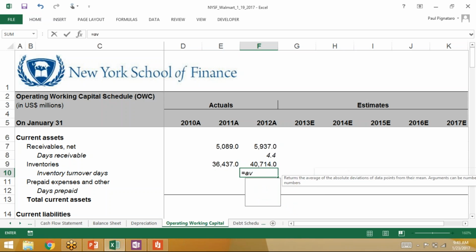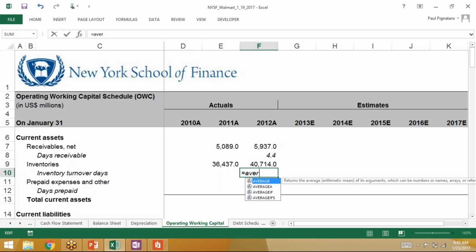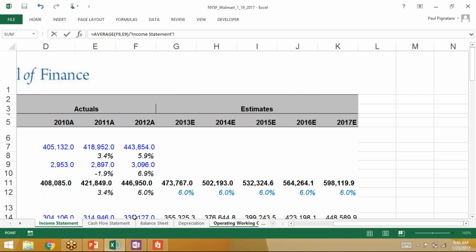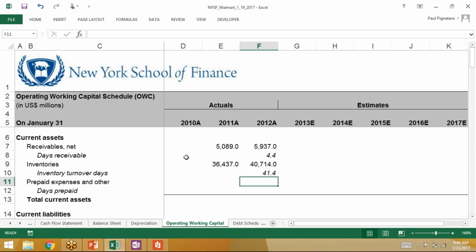So average, this year and last year, divided by cost of goods sold, times 360, okay? Now, why is that higher?